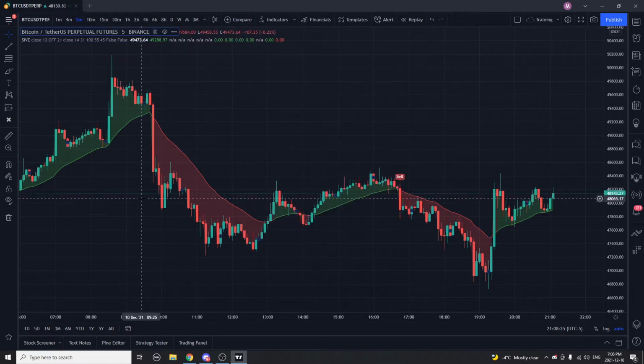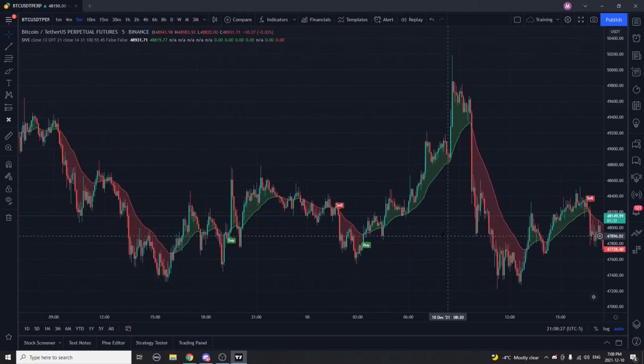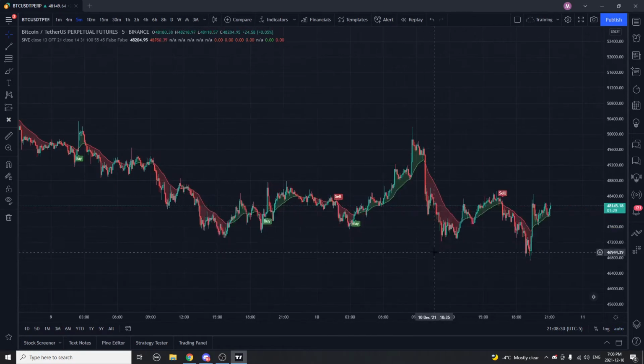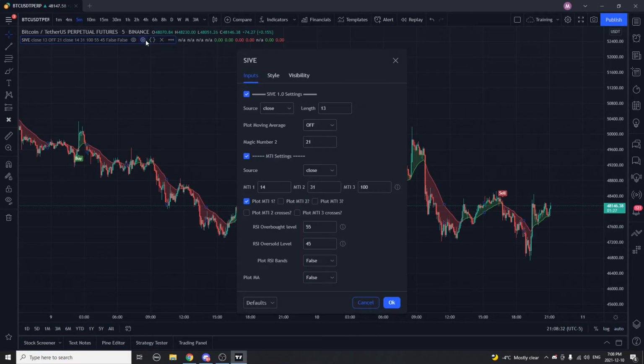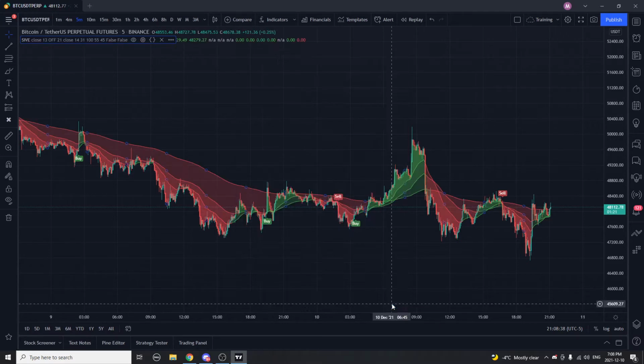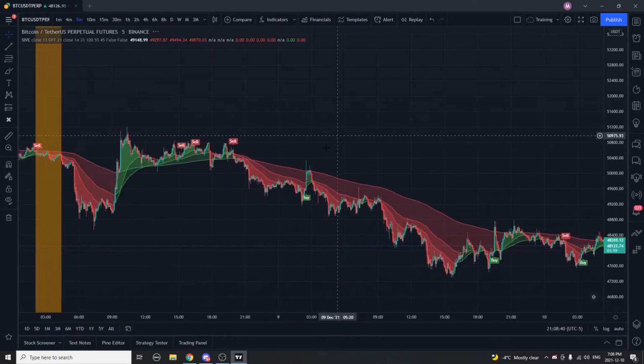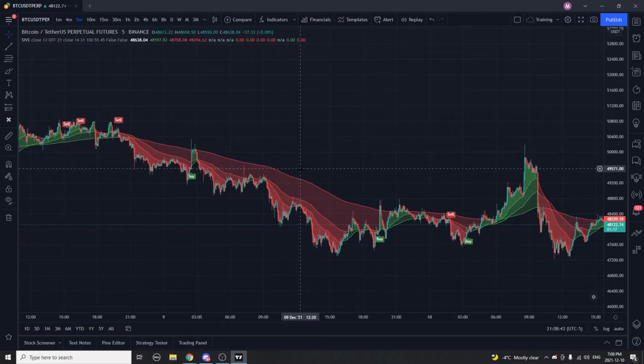Now finally, getting into the last two settings you see within the MTI of Sive is plot MTI2 and plot MTI3. What this is going to do is just put those onto your chart for you.